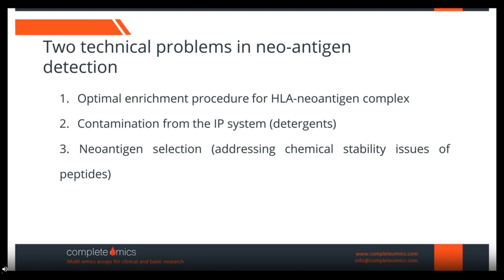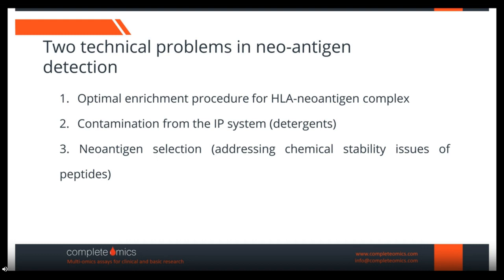The first one is how can you optimize the enrichment procedure so that you can enrich HLA molecules together with the neoantigen peptides, but not other lysate parts, not other fragments of the cells? And also, how can you prevent the antibodies from falling into your samples, which would block your detection sensitivity?